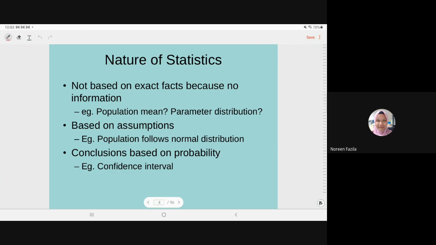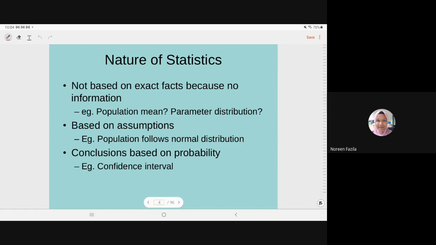Another nature of statistics is that it is based on assumptions, for example, the population follows a normal distribution. There are formulas to measure this, but still it is based on assumptions, because we cannot measure each and every individual in the population.